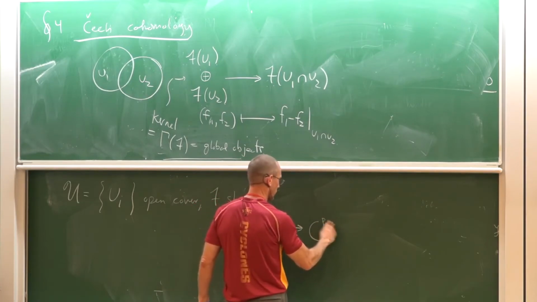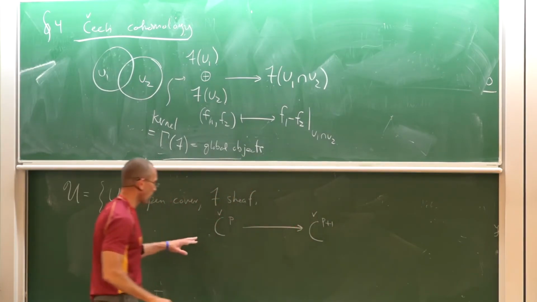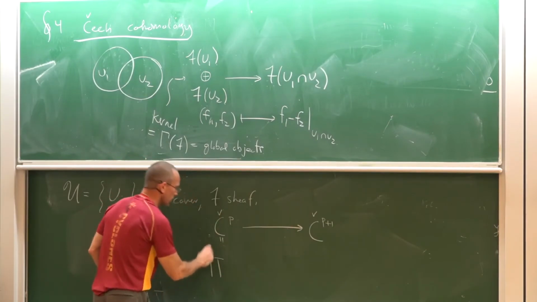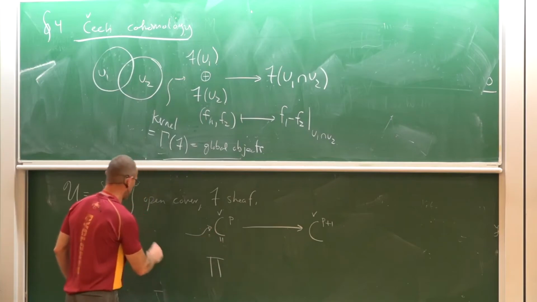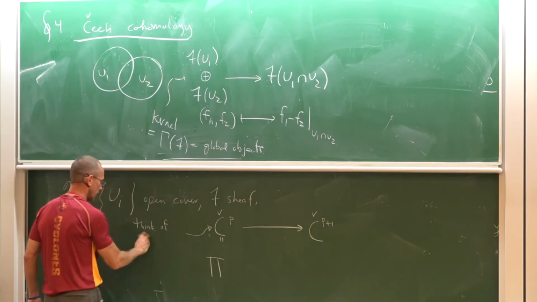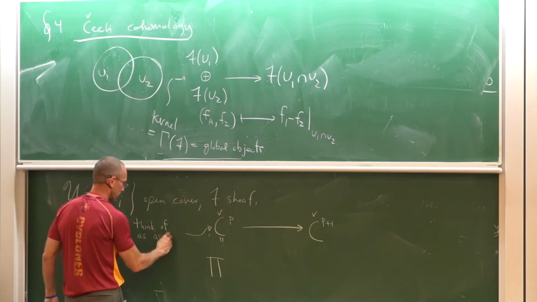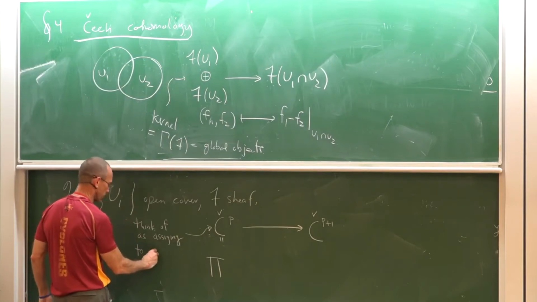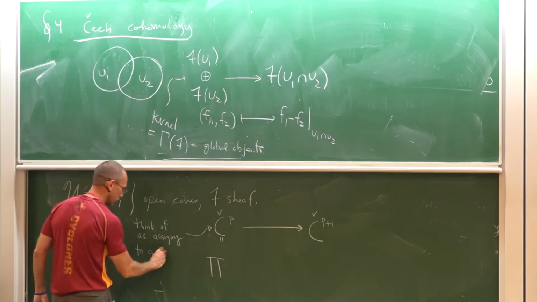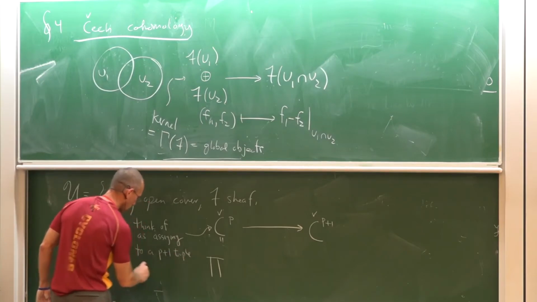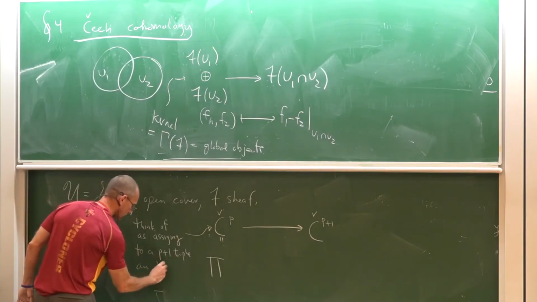C^{p+1} check. So let's write this like this. I want to think of a p-cochain as assigning to a p+1 tuple an object.